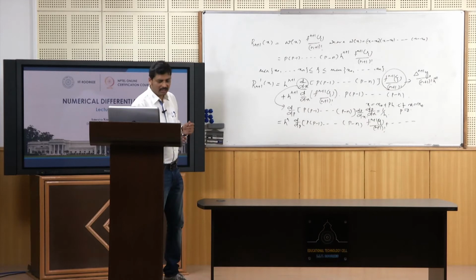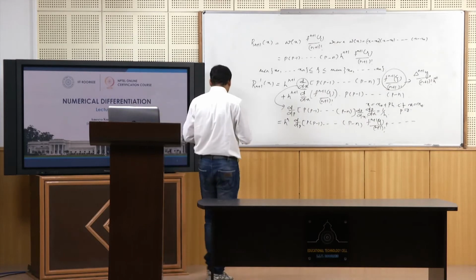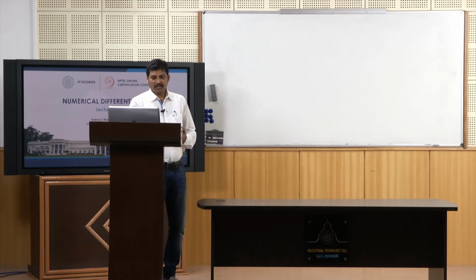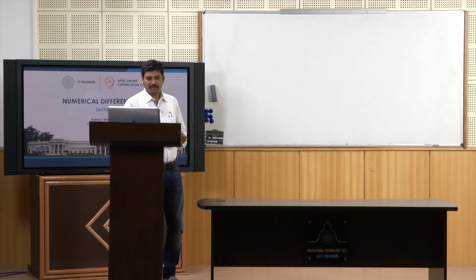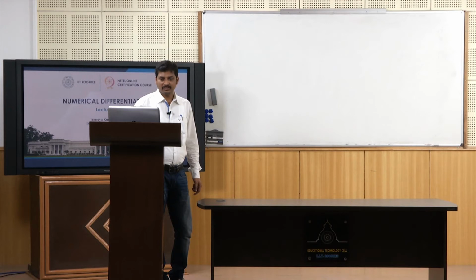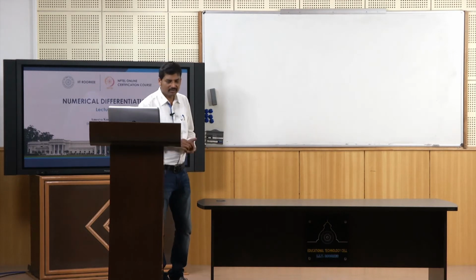Therefore, the error term can be written in the form R4 of x. So, usually R4 of x can be written as omega of x f to the power 4 of zeta by 4 factorial.